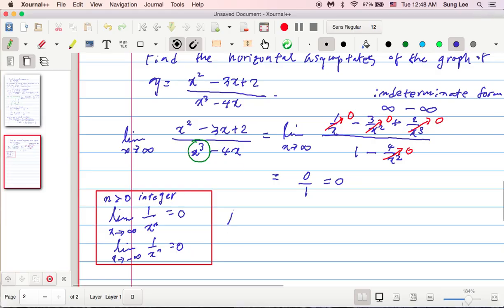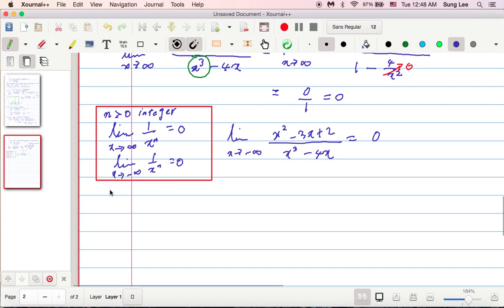And also, we want to calculate the limit as x goes to negative infinity of x squared minus 3x plus 2 all over x cubed minus 4x. By doing the same calculation and using this limit here, we also found that this is going to be 0 as well. So in this case, there is only one horizontal asymptote, y equals 0.